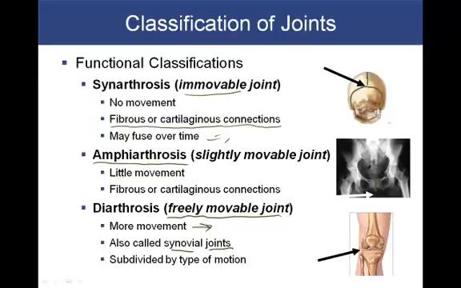So again, as we go from the synarthroses to the amphiarthroses to the diarthroses, we find that mobility is increasing. The diarthrotics are the freely movable, amphiarthroses are slightly movable, and the synarthroses are immovable.